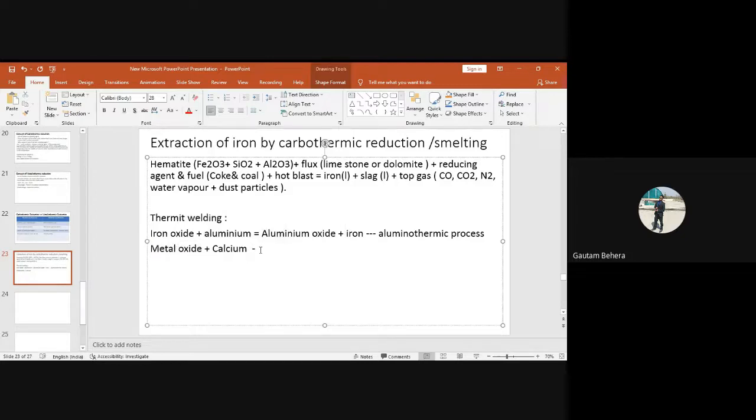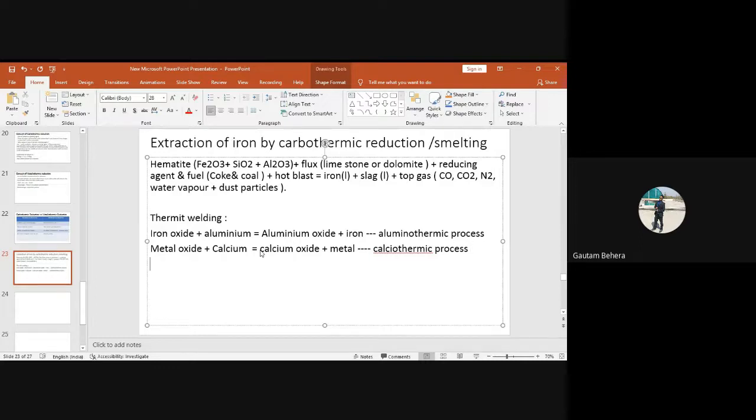So obviously it will give you calcium oxide plus metal, right? This is called the calciothermic process, or calciothermic reduction process.